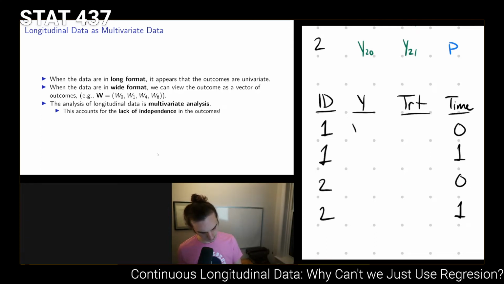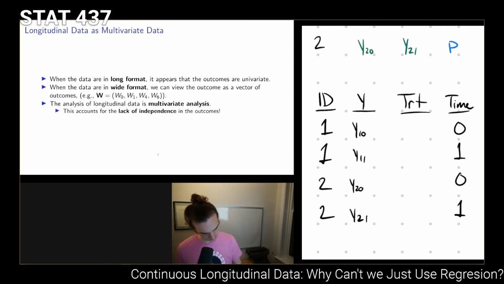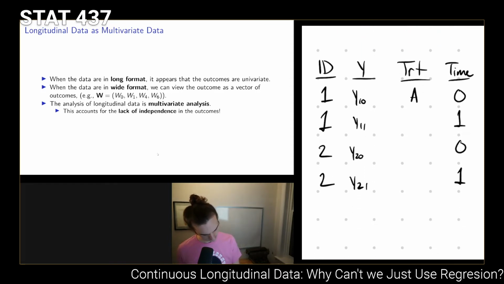So then we're looking at Y10, Y11, Y20, Y21, and we said that individual 1 was the active treatment. So that's active, active, placebo, placebo. Okay, so this is the long format.